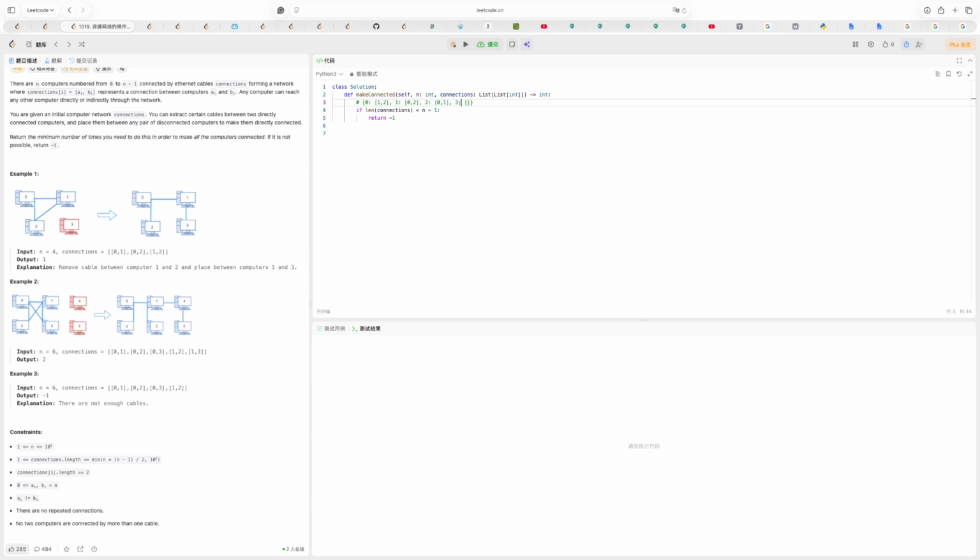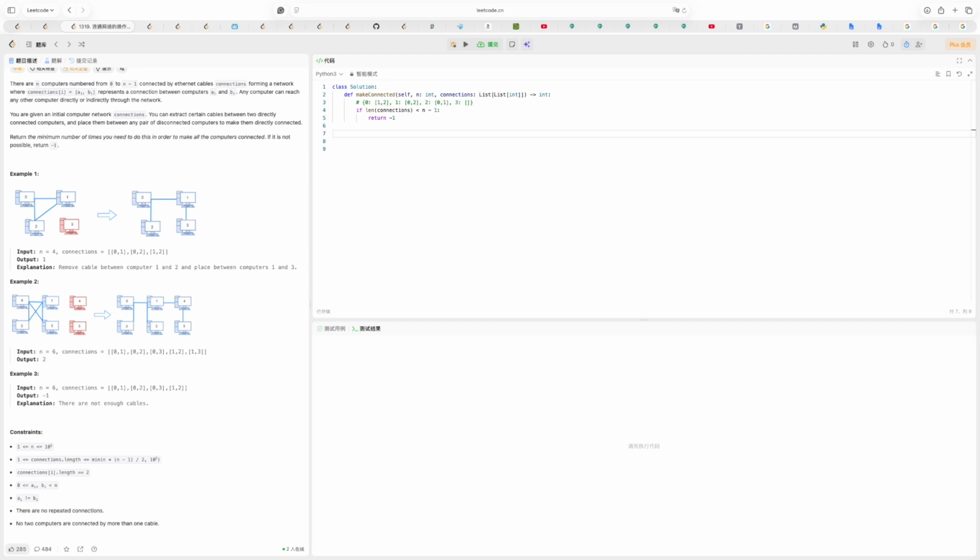Okay, so we can find the one that is empty. Yes. Okay, so let's first find the empty node.